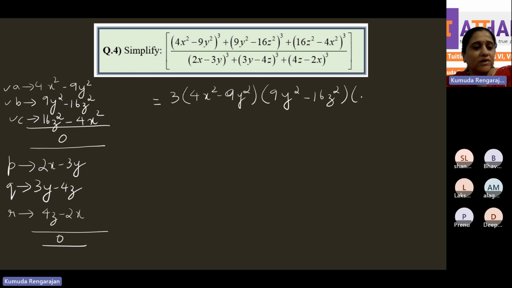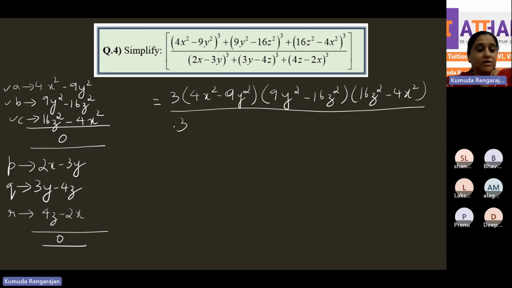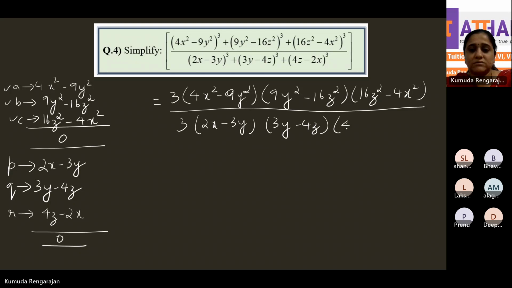And the denominator is 3PQR. What is P? 2x minus 3y. Q. R. It's all there. Now 3 and 3 will get cancelled.